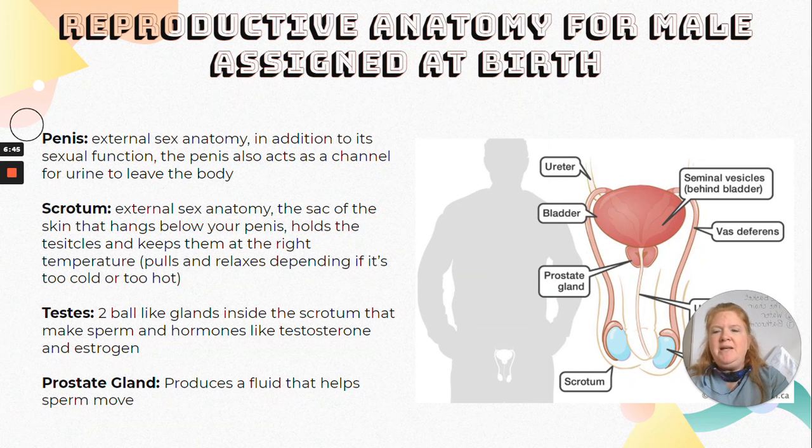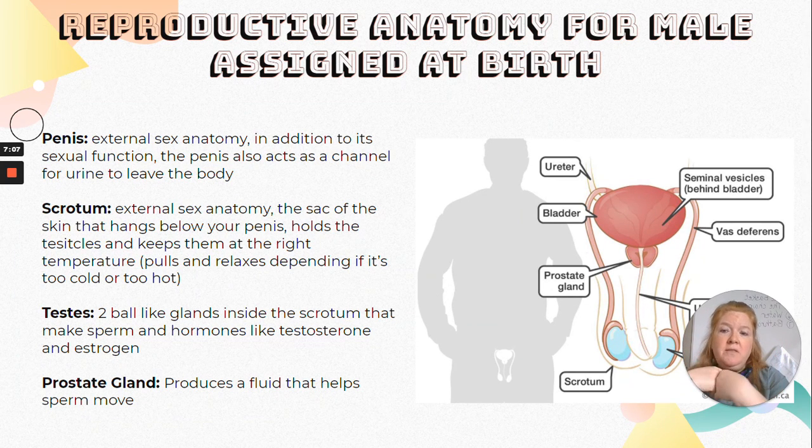It is the skin that hangs below the penis and holds the testicles and keeps them at the right temperature. So if the body temperature is dropping, if you're cold, the testicles are going to be brought up closer to the body, closer to the inside.